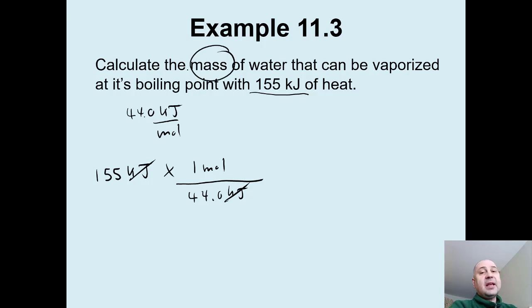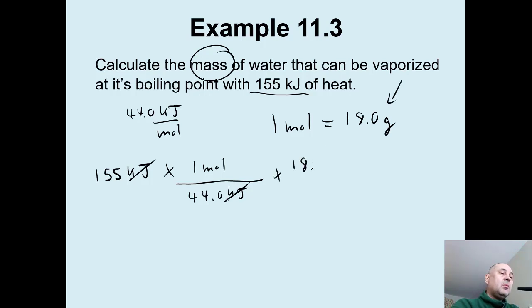So we have a second conversion factor we need to use, and that's of course the gram to mole conversion factor. Hopefully you remember. If not, time to review. 1 mole equals 18.0 grams. So now we can convert that to mass, and so times 18.0 grams of water equals 1 mole of water.